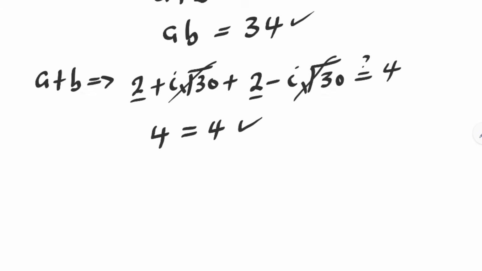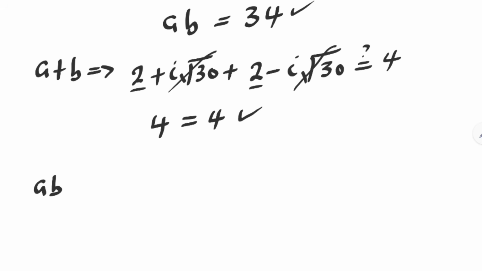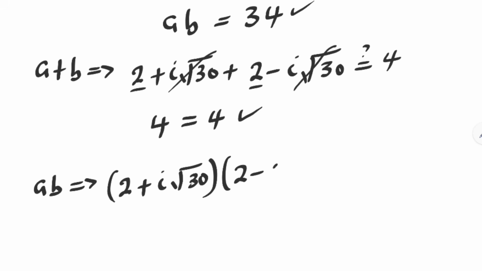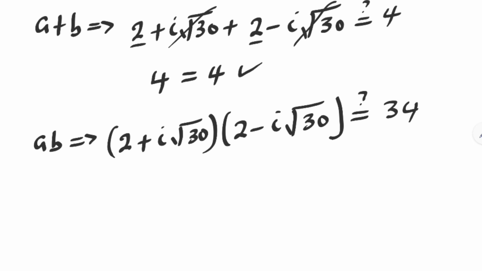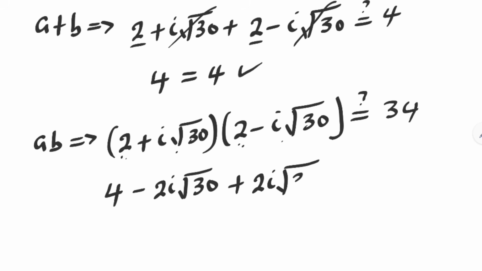Let us consider this. AB, this can be written as 2 plus I square root of 30 multiplied by 2 minus I square root of 30 must be equal to 34. 2 multiplied by 2, this is 4. 2 multiplied by minus I root 30, this is minus 2I root 30. I root 30 multiplied by 2, plus 2I root 30.